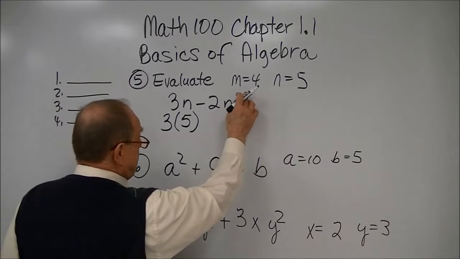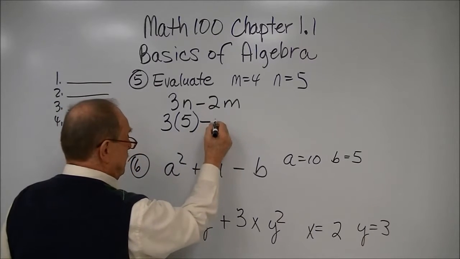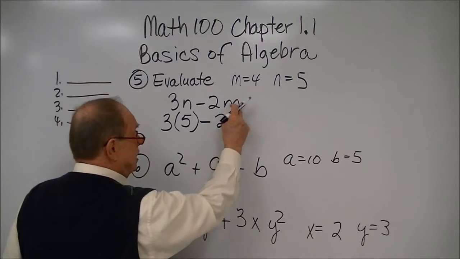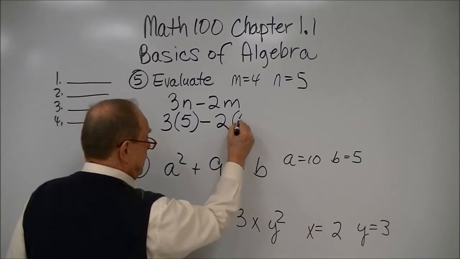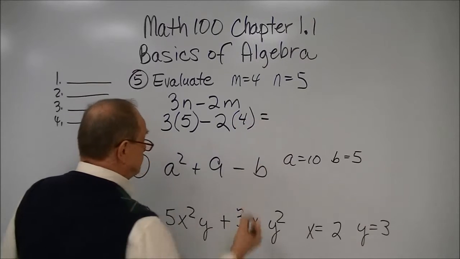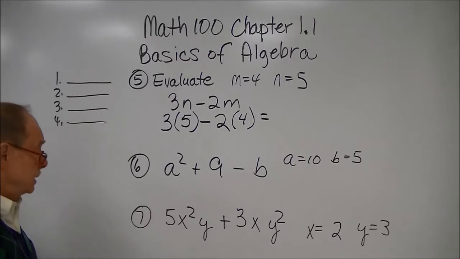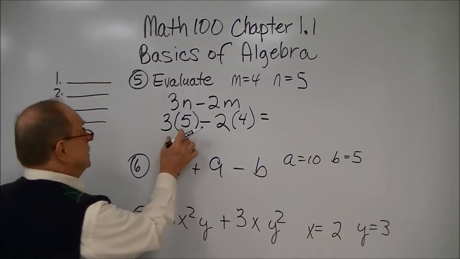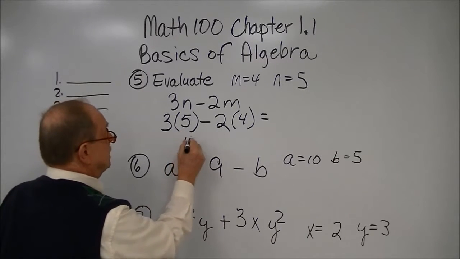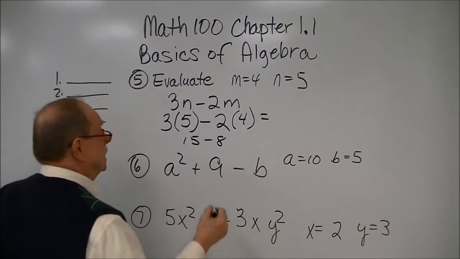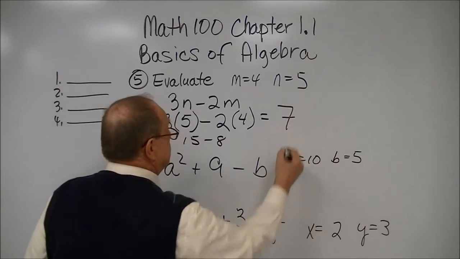Then we put our negative 2 there, and now we're going to replace the m with the 4. Then it's just a matter of calculating using arithmetic. So this is 15 minus 8, which will give us a 7.